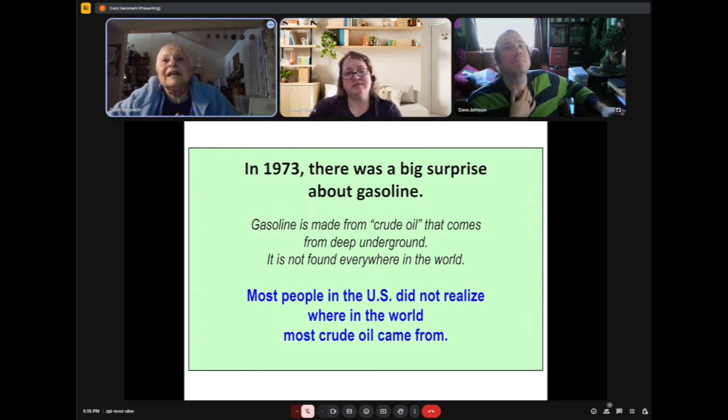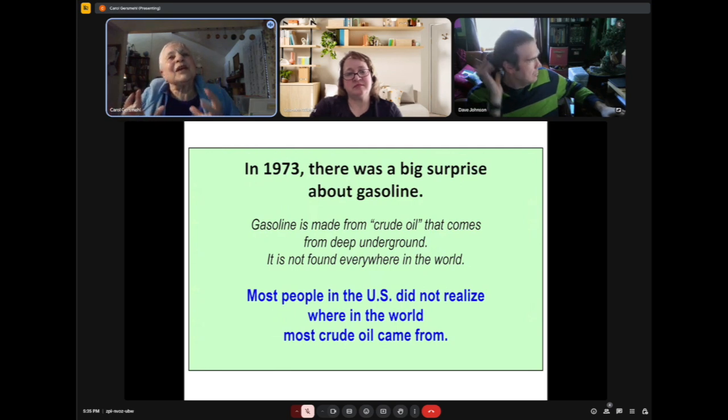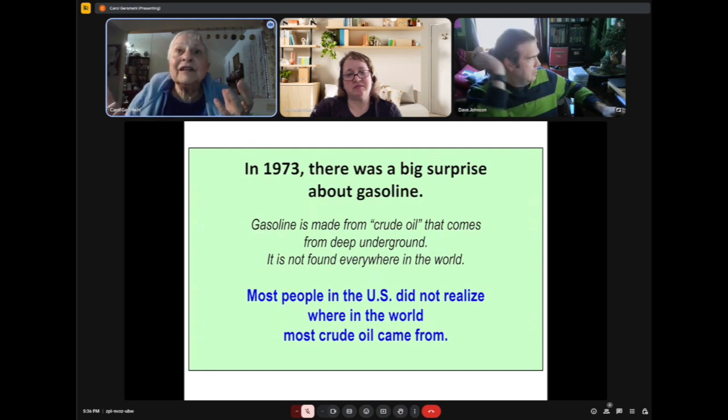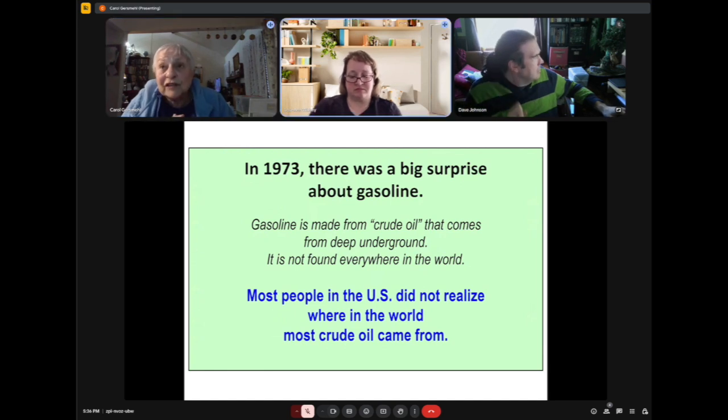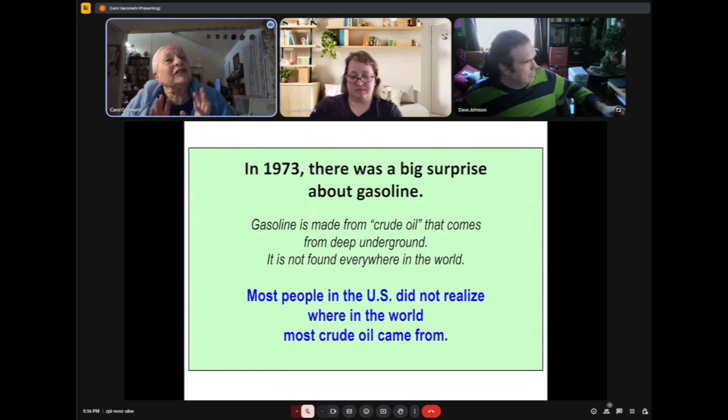Gasoline comes from something called crude oil, which is the stuff piped out of the ground, and then it has to be refined. And the thing is, crude oil isn't everywhere in the world. And the US wasn't finding very much crude oil in the US underground at that time.